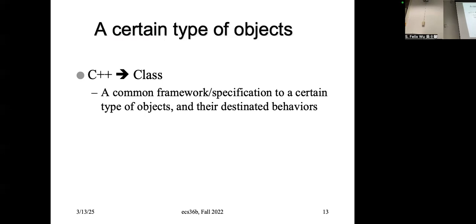For example, as a drone type, I expect that this drone will be able, under my control, to go up and go down and move to a certain location. So I have some kind of command. I can trigger the drone to do the things I want it to do.